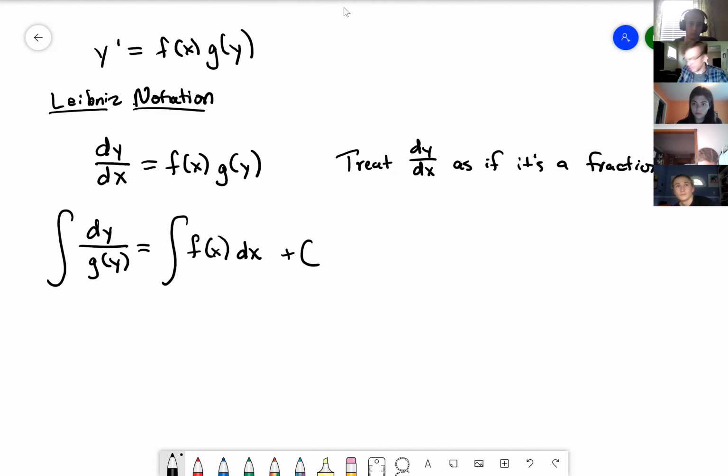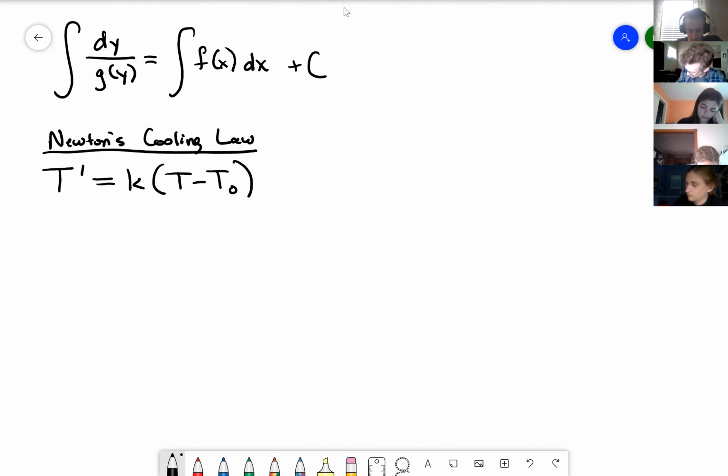So this is known as Newton's cooling law. And it basically says that T is temperature.